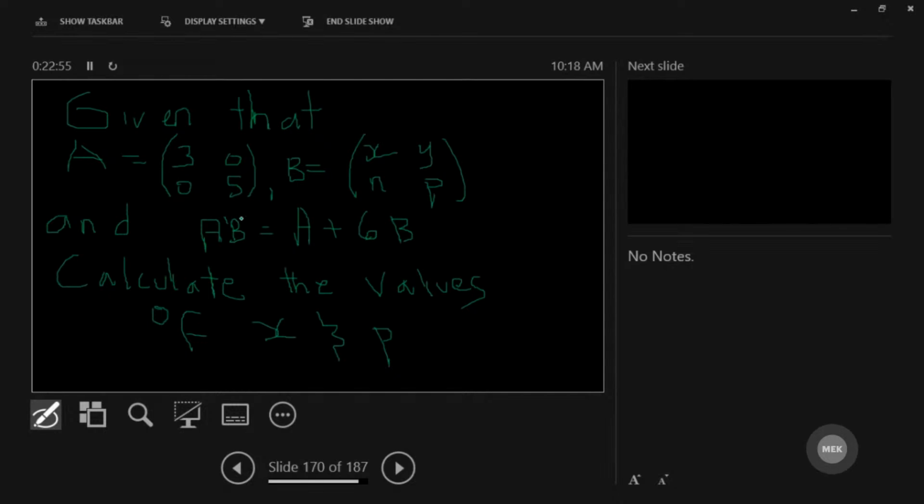So first we need to find the product, and then we need to find A plus 6B, the sum of these, and equate them, make them equal to each other, and then see what lines up with X and what lines up with P. All right, so let's multiply them and see what happens.